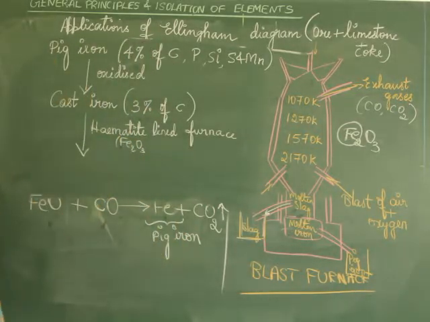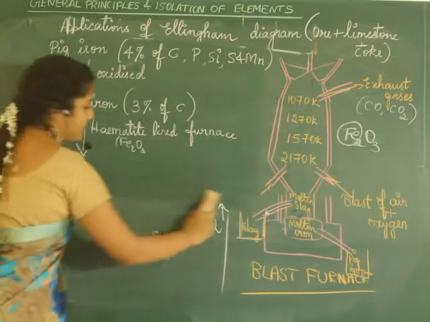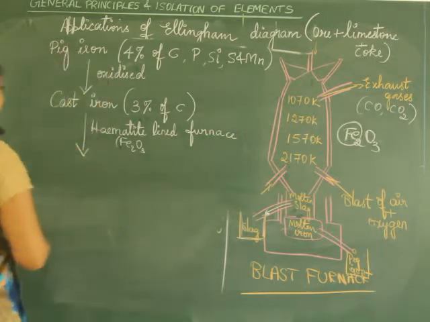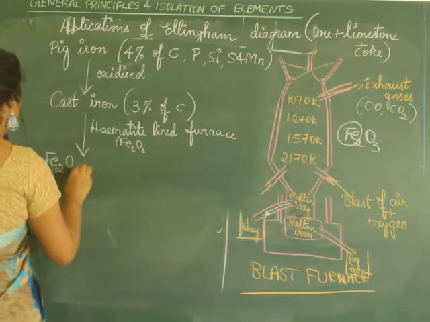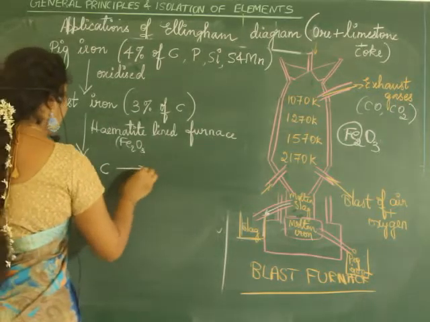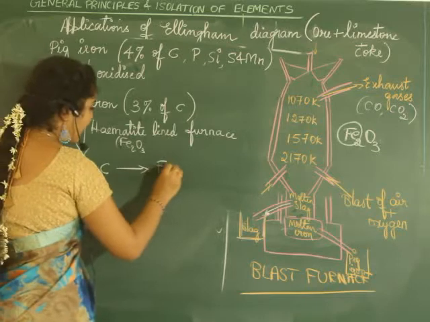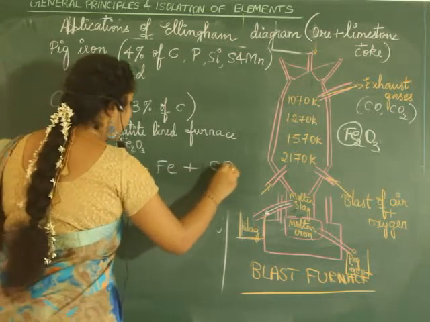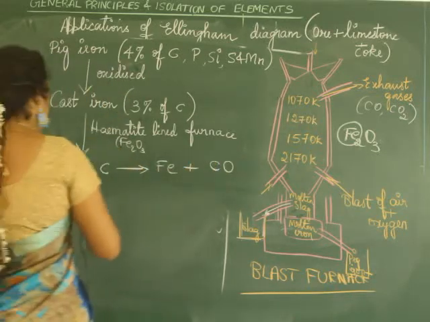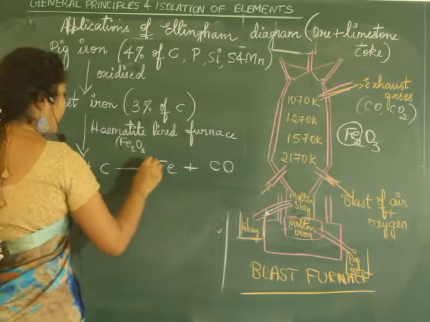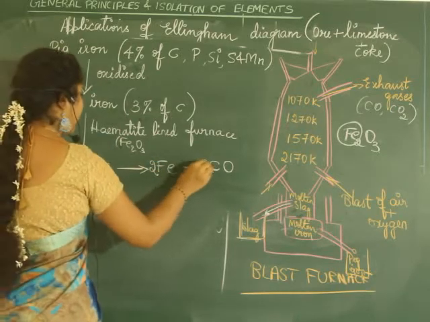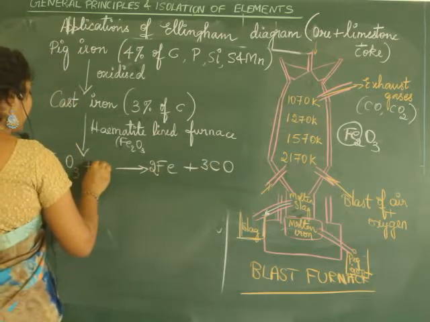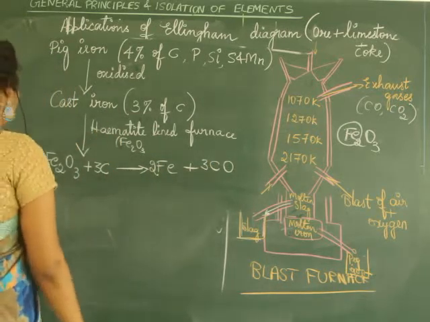How? Let me write the reaction here. So here what happens? This particular hematite reacts with carbon, which gives out iron and carbon monoxide. Now here 2 Fe, here 3 and here 3. Clear?